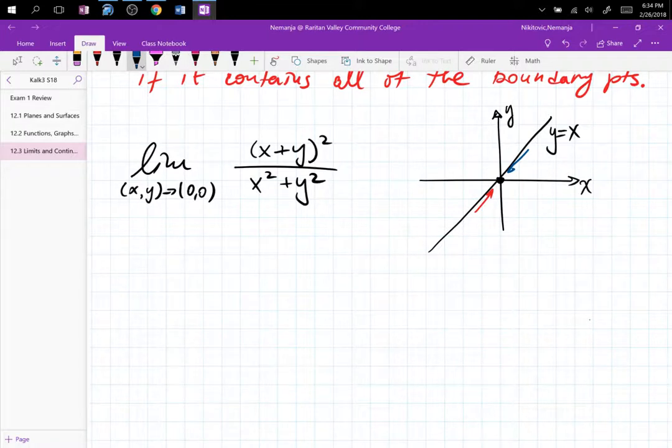Now you are going to get hopefully a number. I don't know, say 7. And then you change the line. You redo the same problem for a different line, saying y equals negative x, and then you approach from two sides. You approach from one side, you approach from the other.